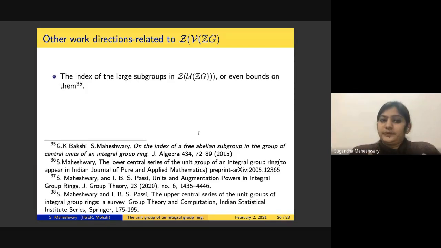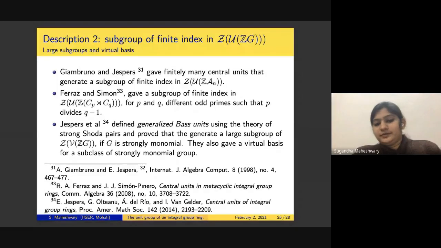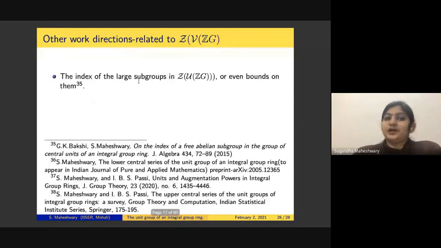Then we took up another direction in this: how about the index of this large subgroup, right? We've always been talking about a subgroup of finite index. So in this last article that you see, I mentioned strongly monomial groups. We took up a subclass of strongly monomial groups in the same article, and we tried to understand the index of that subgroup in the whole center.